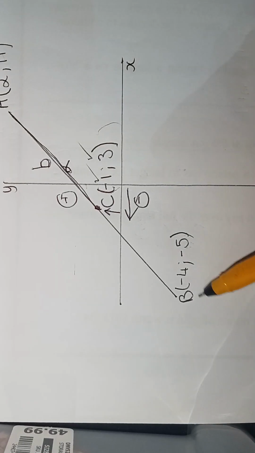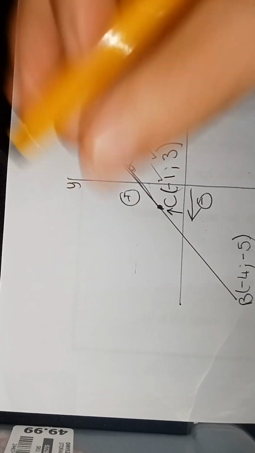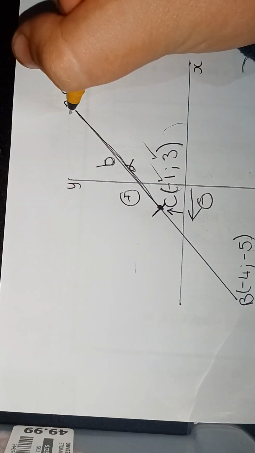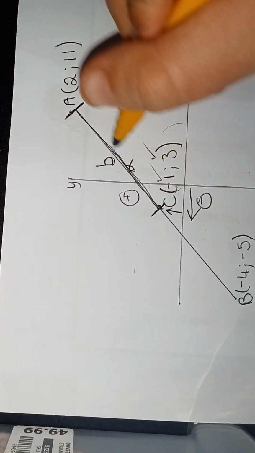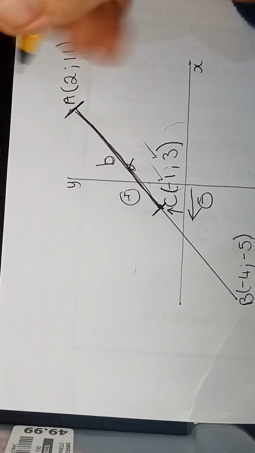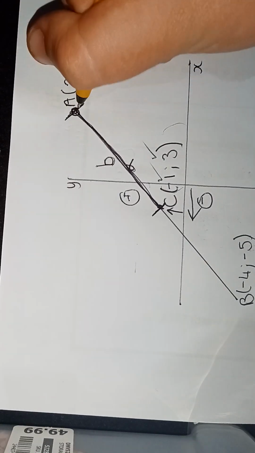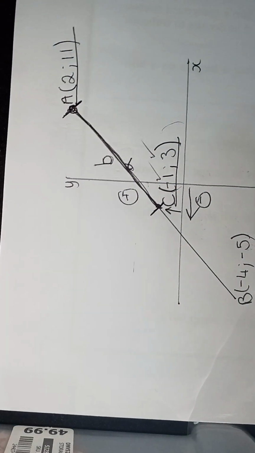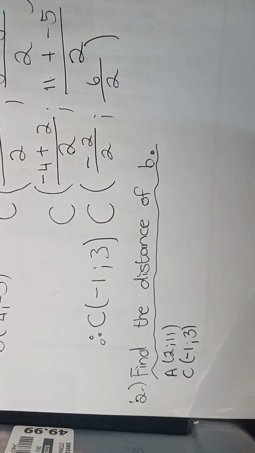No, sorry, you can't use B. Why? Because this distance is B. That distance there is B, and which two points does it include? It includes point A and point C. So you use point A and point C. Sorry for that.